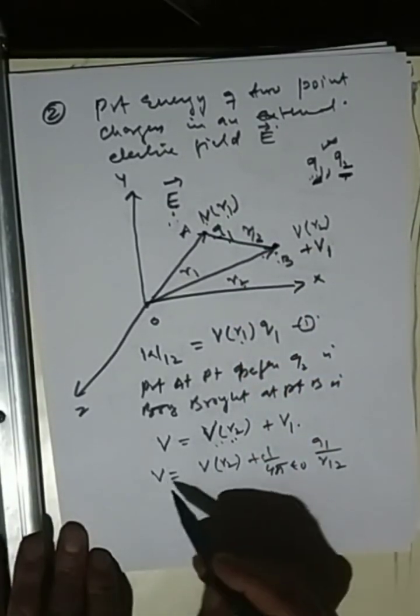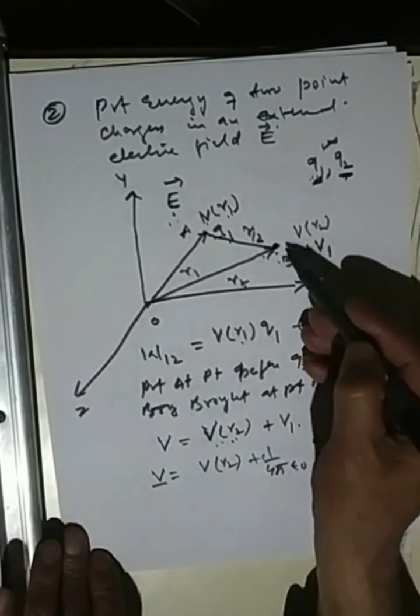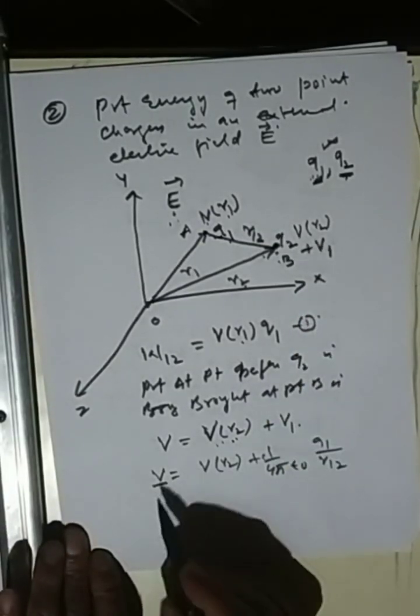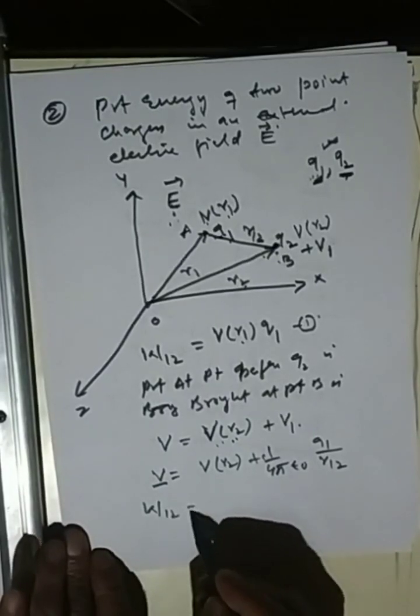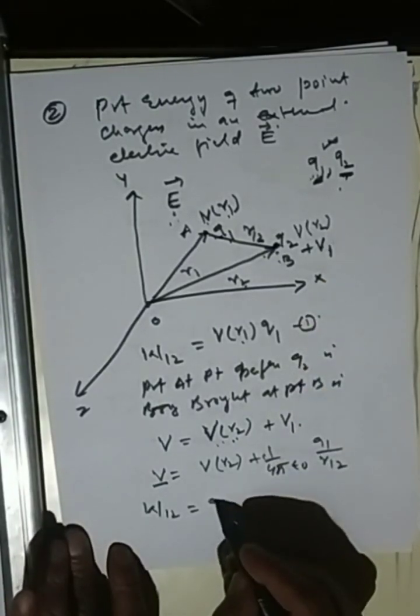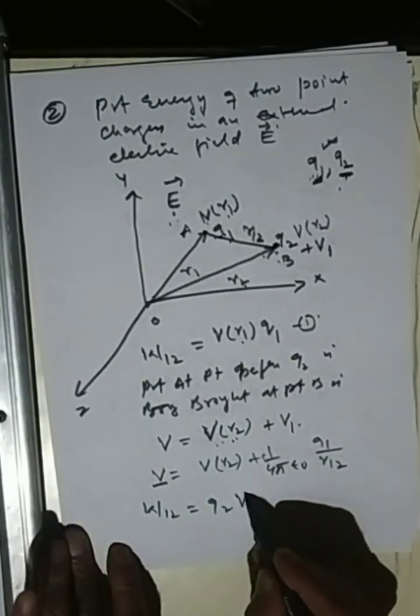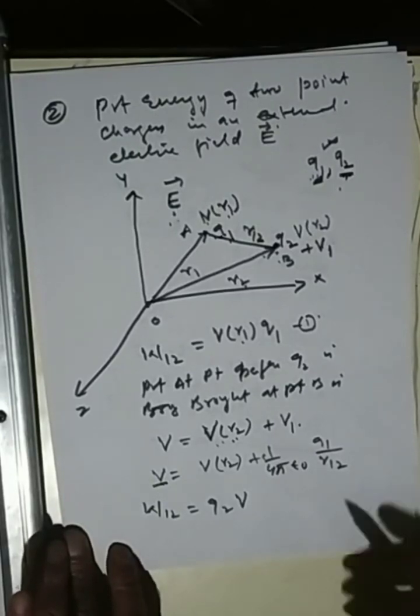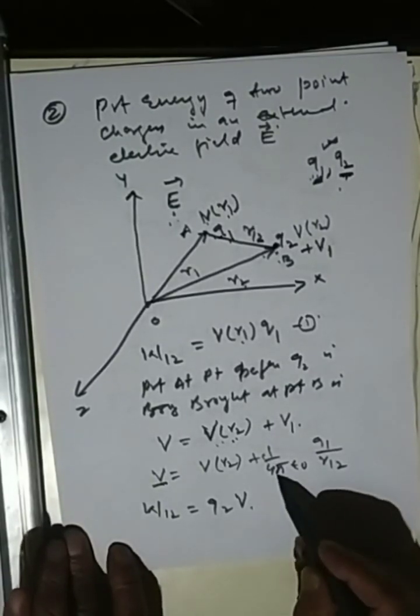So the work done will be the potential times the charge Q2 that we will bring here. So the work done W12 is equal to the charge Q2 times the potential V, so Q2 V, and we have to substitute this value.